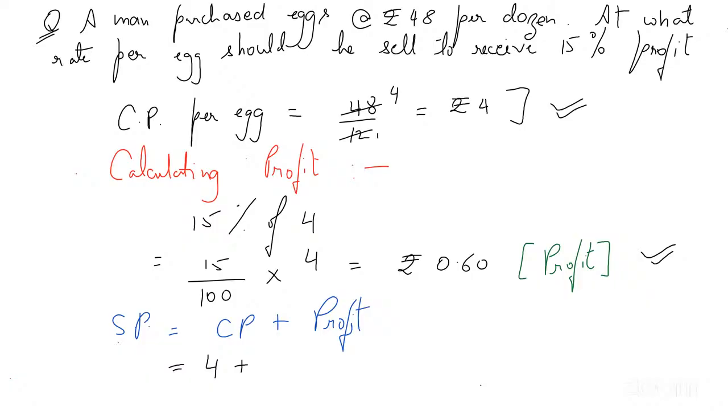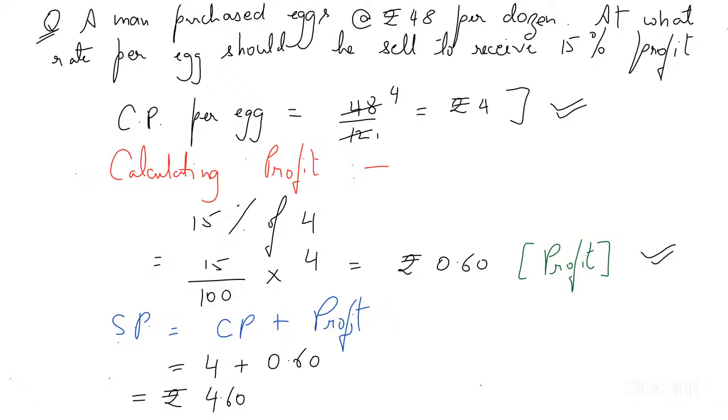Your profit is 0.60. And your selling price per egg will be 4.60 rupees after adding 15% profit.